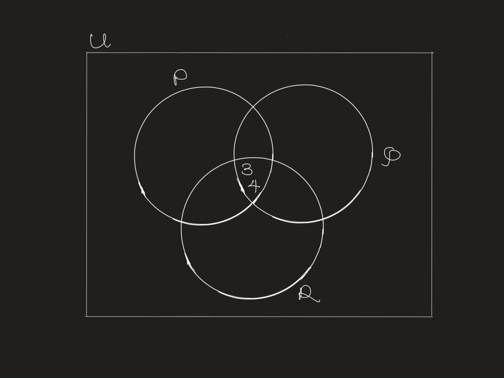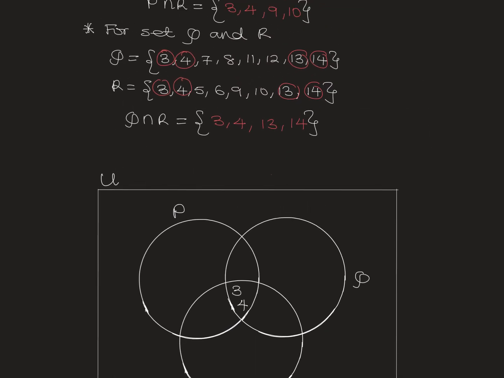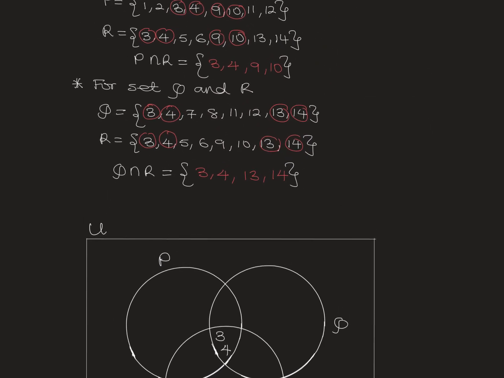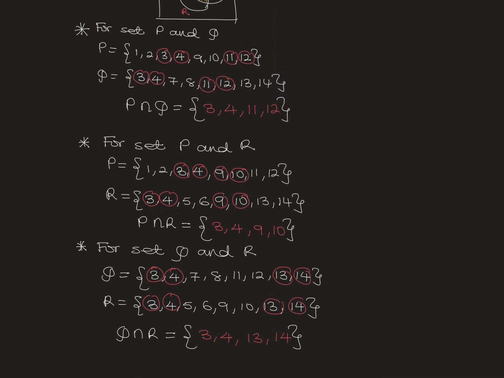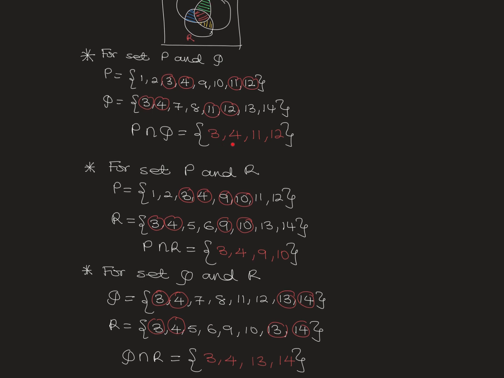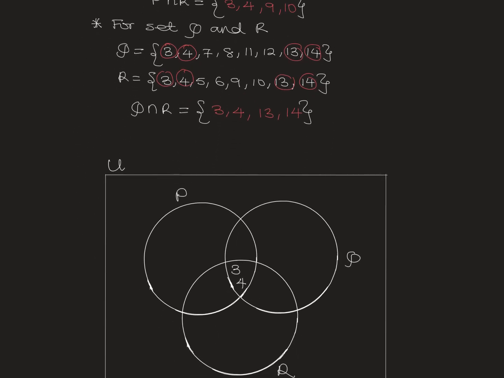So what do we do next? Let's go and identify numbers that we have that are in both P and Q. For P and Q, apart from the 3 and 4, we have 11 and 12, right? So which means that is what we're going to write here. So we're going to have 11 and 12.